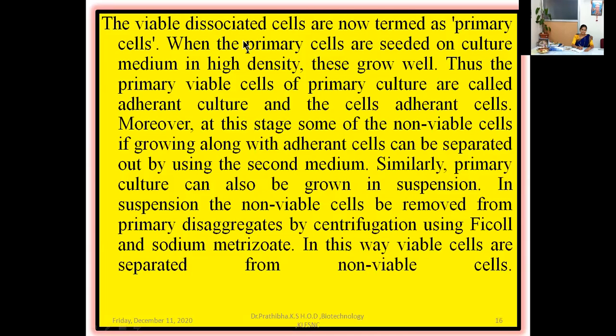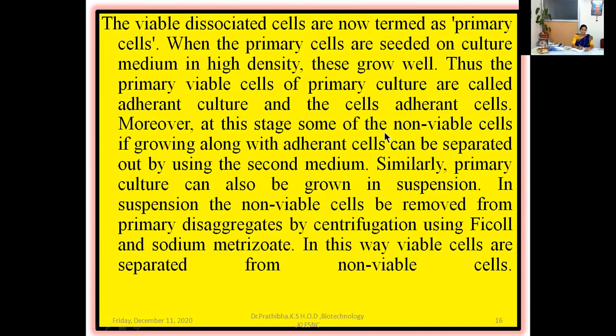Further, the viable dissociated cells are now termed primary cells. When the primary cells are seeded on culture medium in high density, these grow well. Thus, the primary viable cells of primary culture are called adherent cells, and the culture an adherent culture.